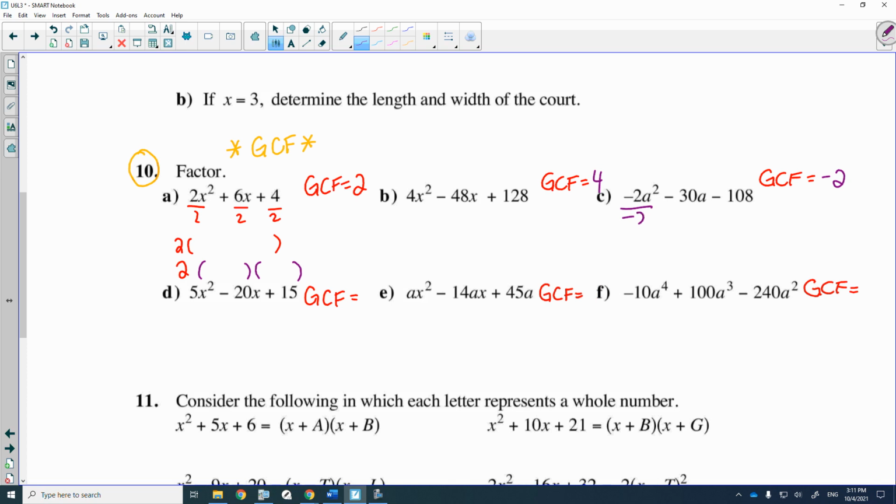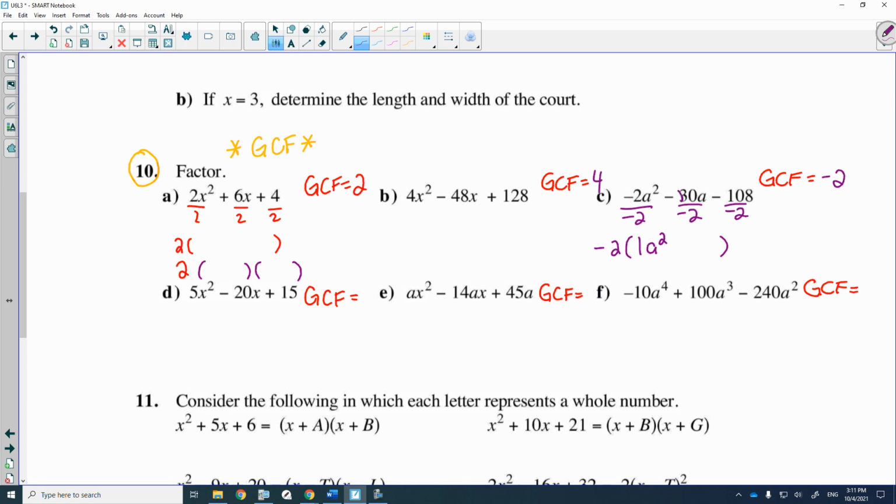C, the GCF is -2, would be my GCF. The reason is, I want to show you for this one, -2 is your GCF, that goes in front of your bracket. -2 divided by -2 is 1a squared. We only want to factor if I have a +1. Okay, we don't want to factor if we have a negative here. So you would GCF it out.